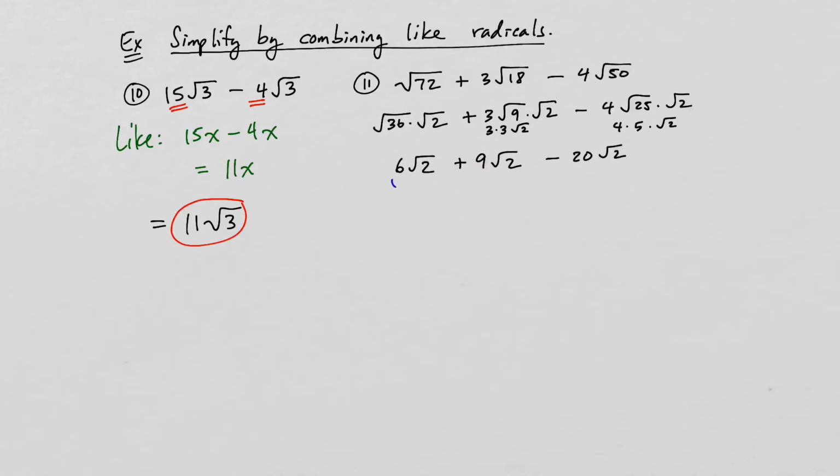When I combine those two together, that gives us 15 radical 2. But then we're subtracting 20 radical 2. And 15 take away 20 is negative 5. And so our final answer here is negative 5 radical 2. So to combine radicals, they have to be alike, and you can combine them by adding or subtracting the numbers in front of the radicals.